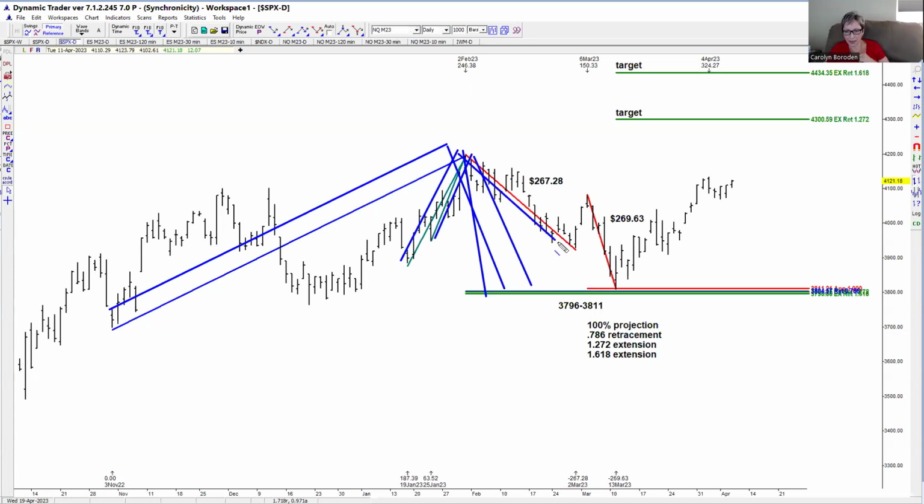You had this decline, which was $267.28, projected from here. This ended up being similar, 267 versus 269. Okay. Bottom line, we ended up having a cluster between 37.96 to 38.11. It hit, it held, it triggered, and we made these upside targets.